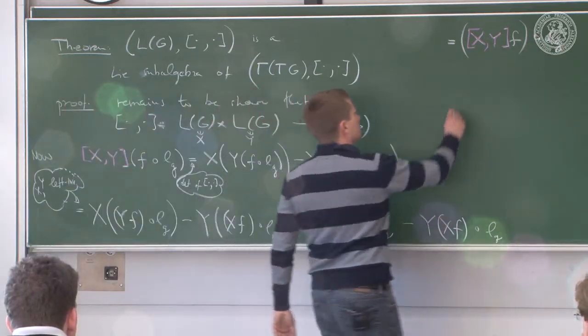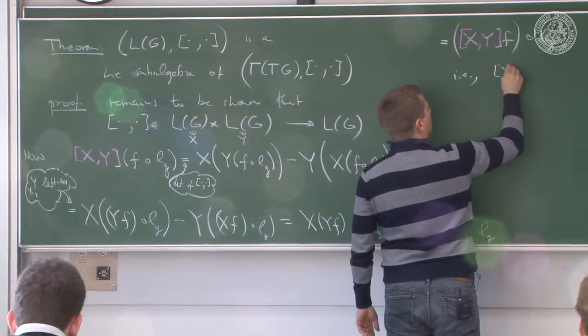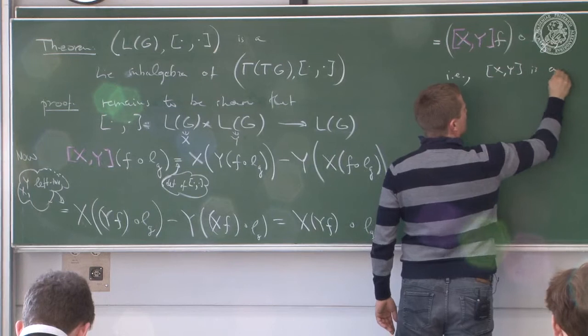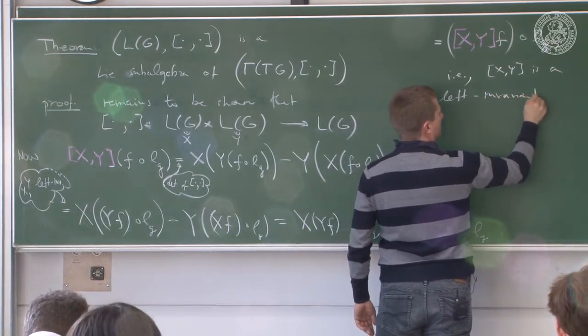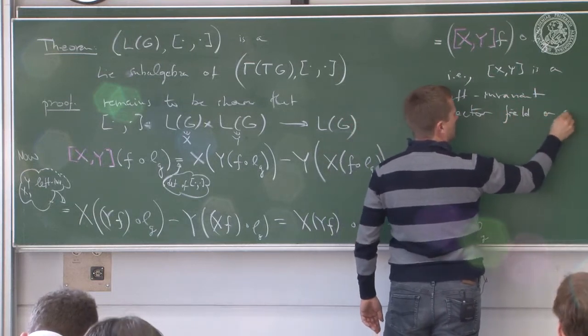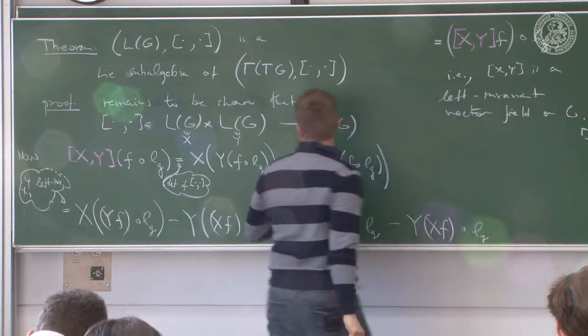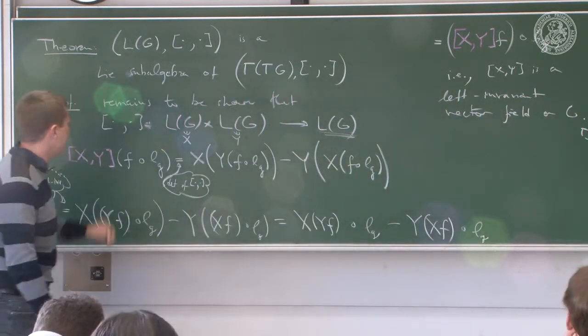That is, the commutator of x and y is a left invariant vector field on G. That finishes the proof, and it shows indeed the result is left invariant again.